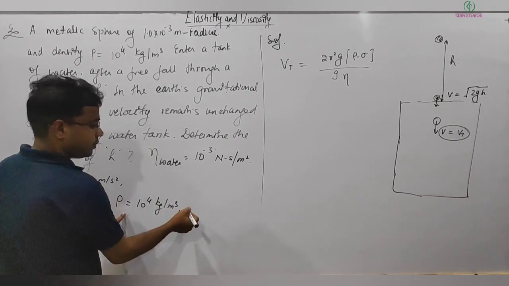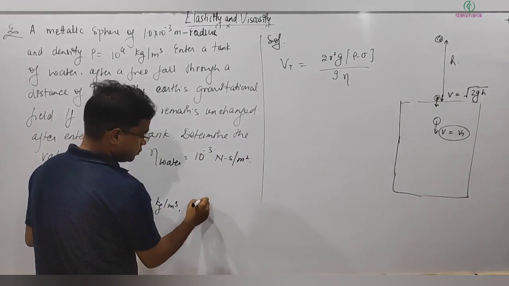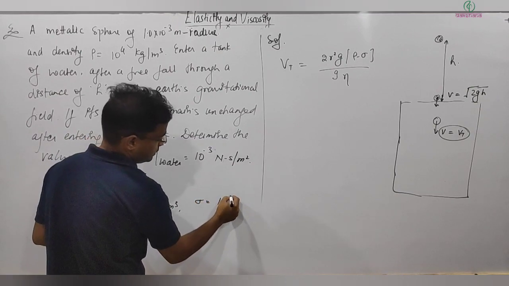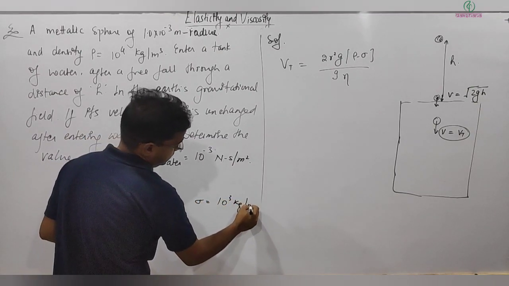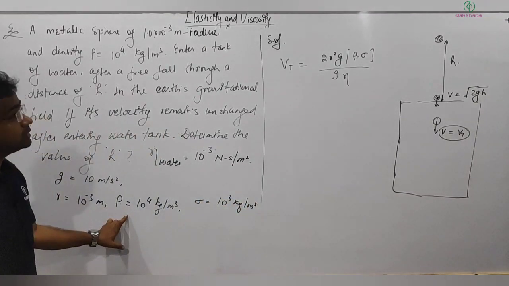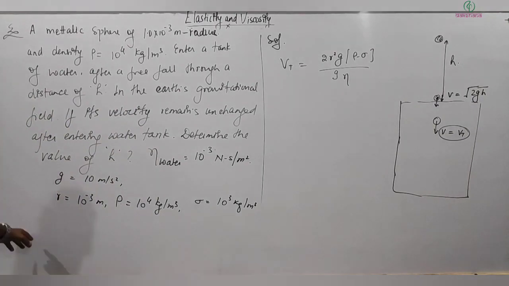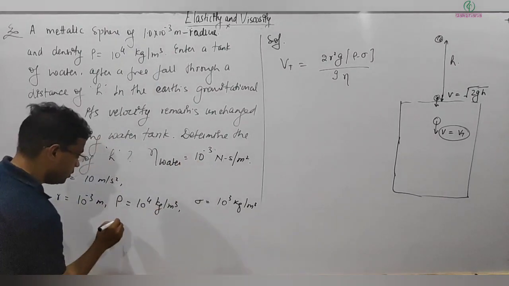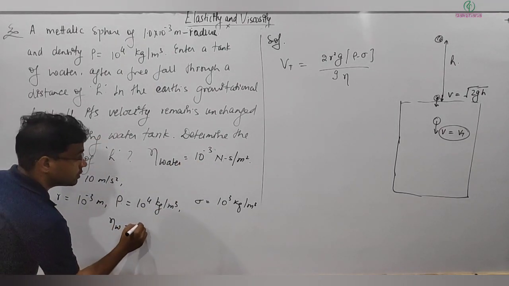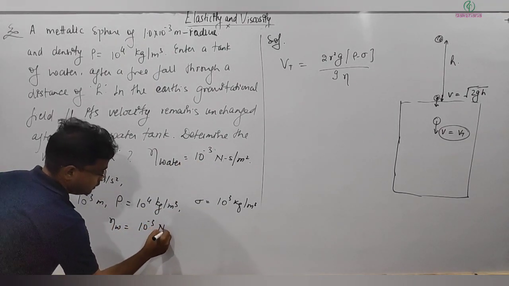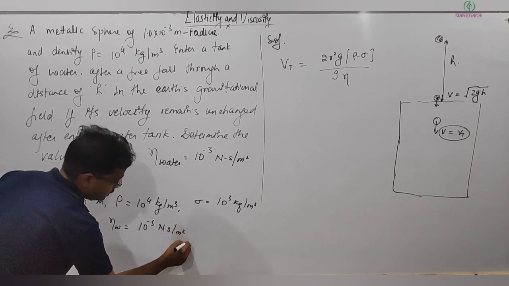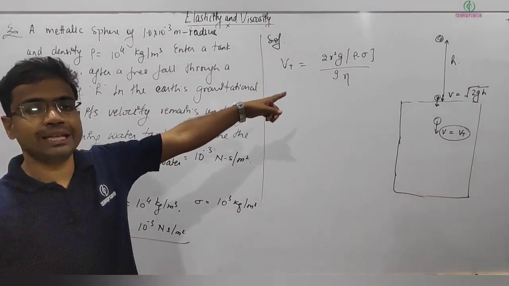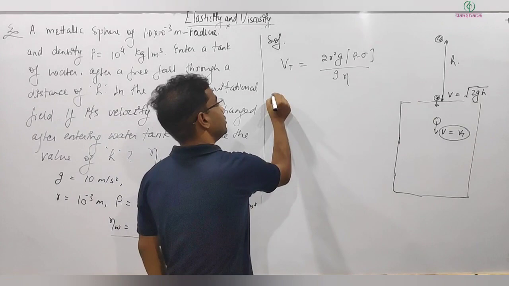It's falling in a tank of water, so the density sigma is 10 to the power 3 kg per meter cube. Then we need eta, the viscosity of water, which is also given: 10 to the power minus 3 newton second per meter square.